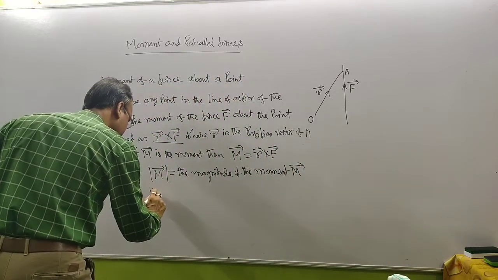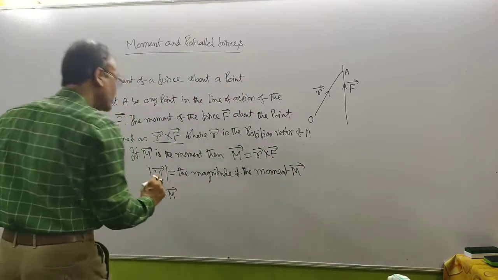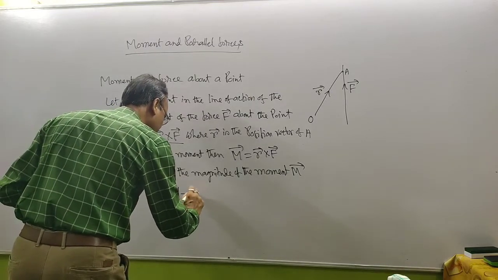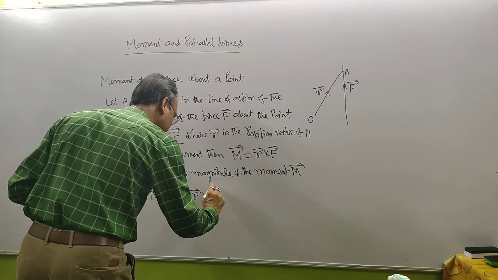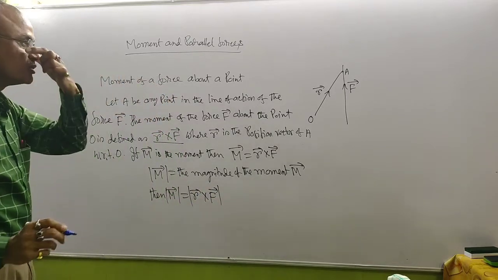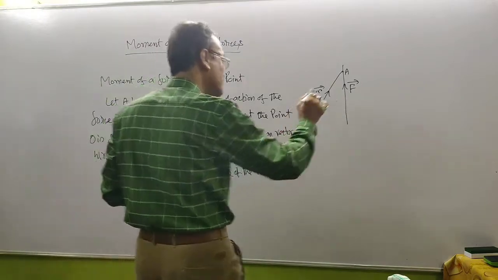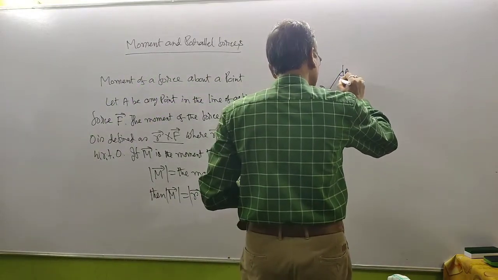The magnitude of M vector should be equal to the magnitude of R cross F vector. Suppose the angle between R and F is theta.